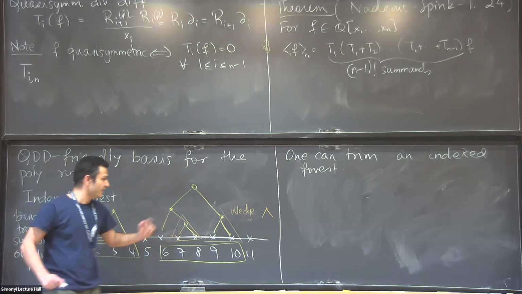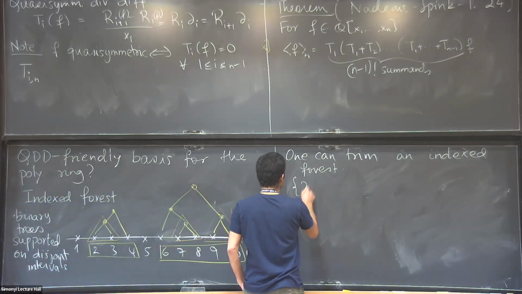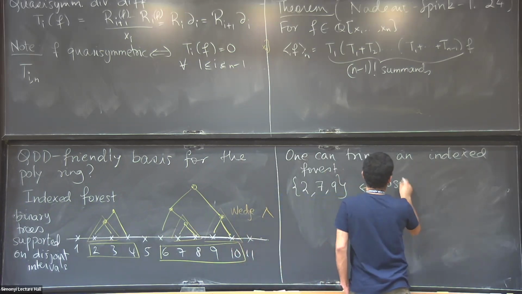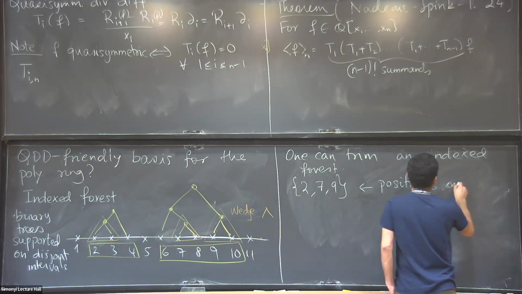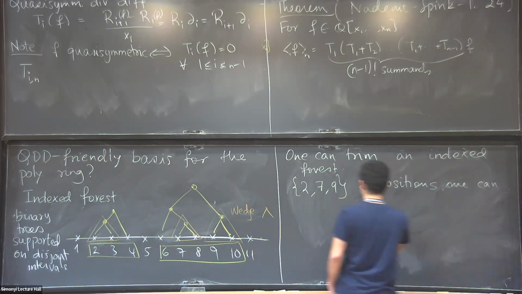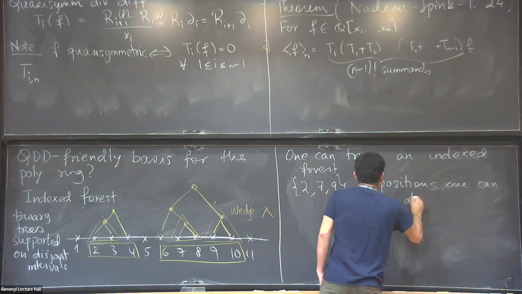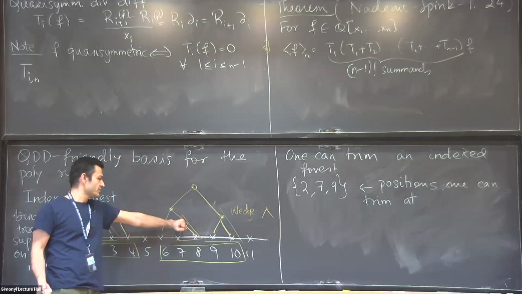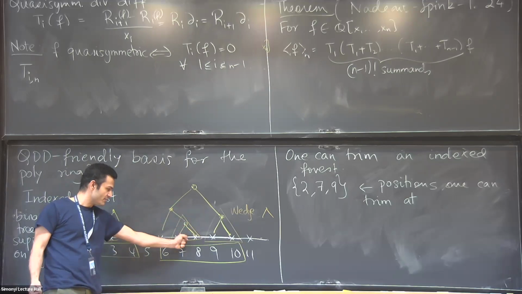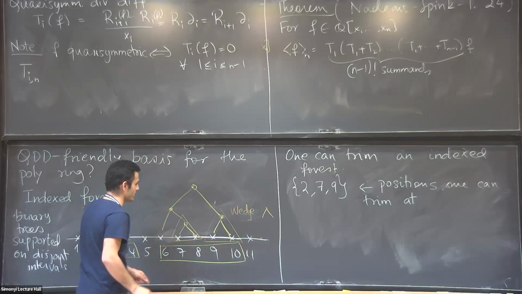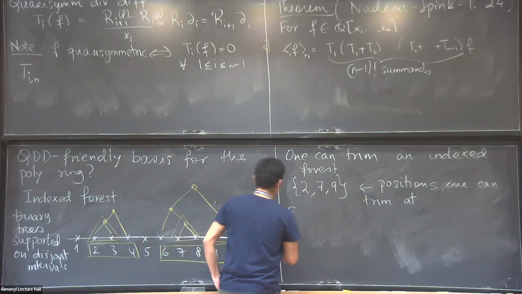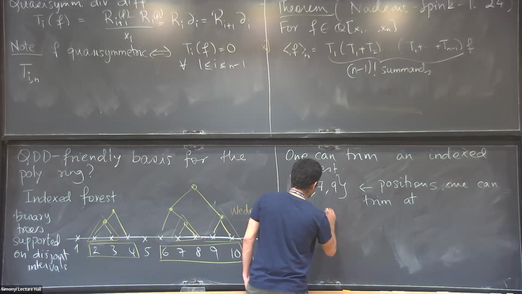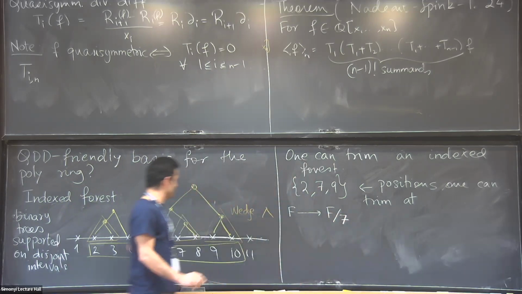So 2, 7, and 9 are my trimmable positions, the positions one can trim at. And what does the trim do? Well, it squishes this wedge so that it becomes a point. If you want to get rid of a node, just imagine that this thing becomes a point and joins. So this is a move, let's say on F, and I'm going to trim in the 7th position, so F goes to F divided by 7.